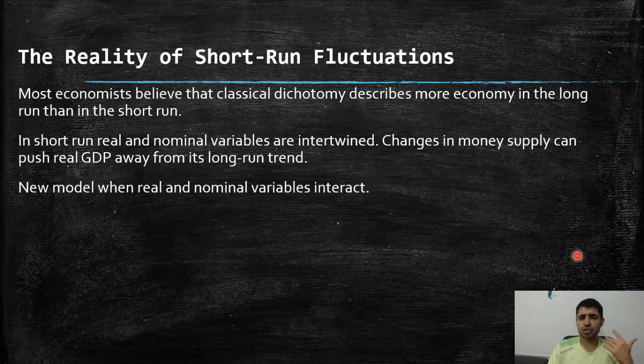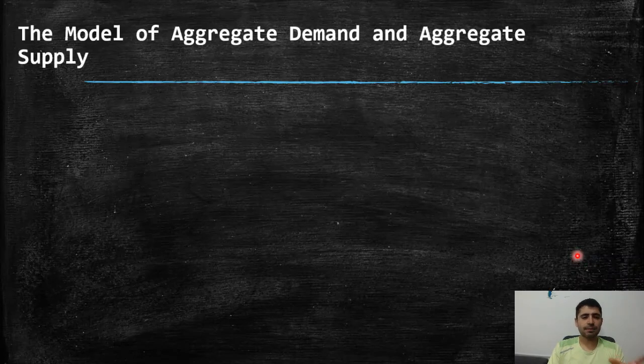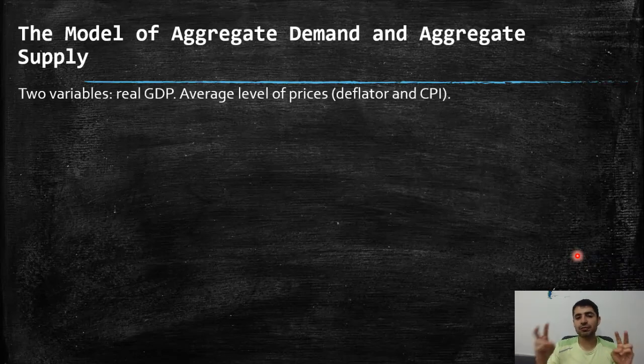So we're talking now about a new model in which real and nominal variables interact. The model of aggregate demand and aggregate supply is going to provide an idea of how the economy adjusts in the short run. We have two variables here. On one side we have real GDP, which is going to be on the x-axis.